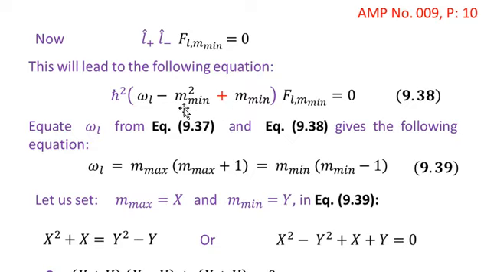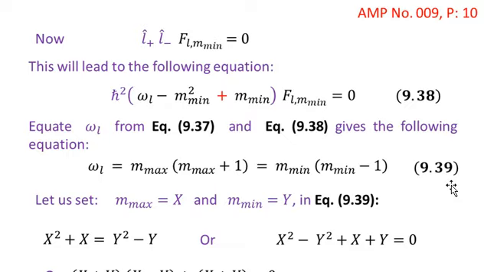You can solve these two equations, equation 37 and 38. Both parentheses can be set equal to 0, and you can solve them for the value of omega L, and then equate those two values of omega L, and you obtain equation number 39.